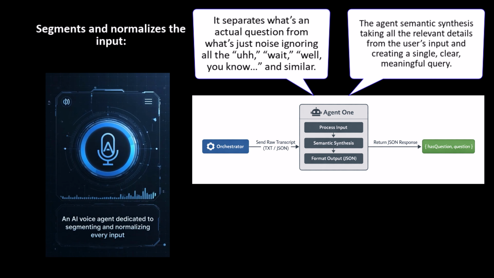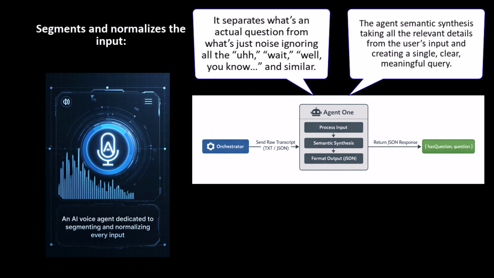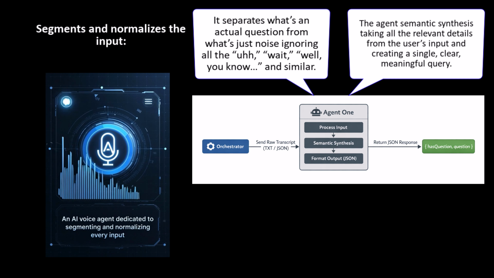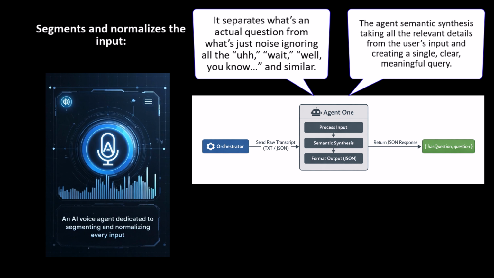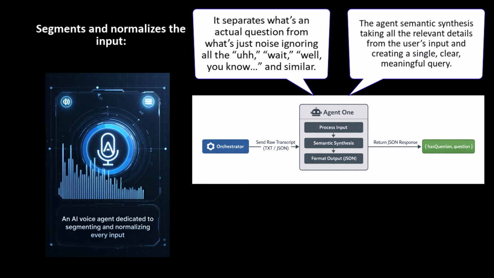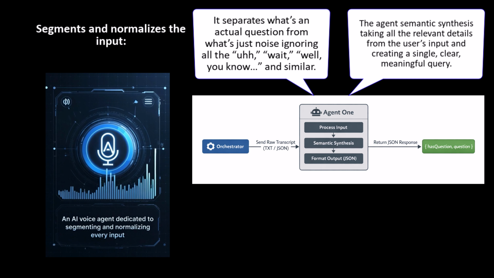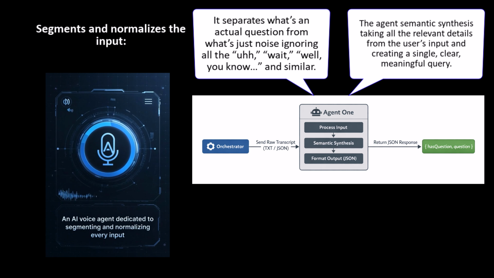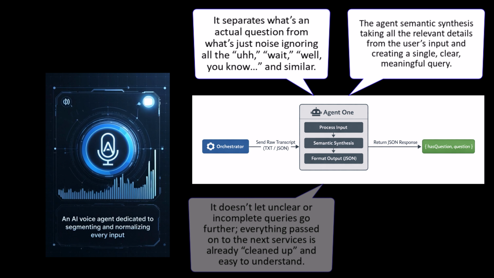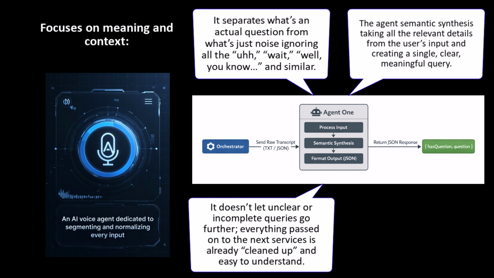It segments and normalizes the input. If a user asks multiple questions at once, which are part of the same context, the agent does semantic synthesis, taking all the relevant details from the user's input and creating a single, clear, meaningful query, so each one can get a clear, precise answer. It focuses on meaning and context.